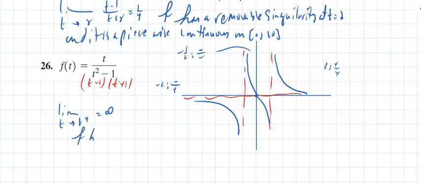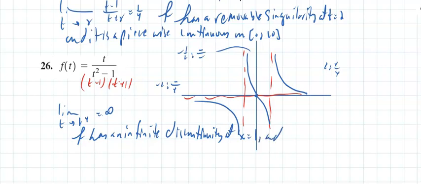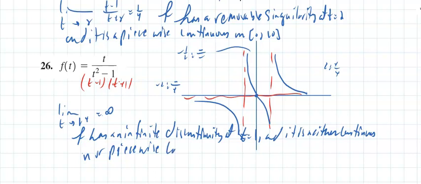So f has an infinite discontinuity at t equal 1, and it is neither continuous nor piecewise continuous at 0 to 10.